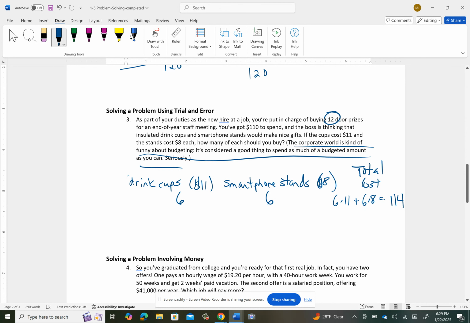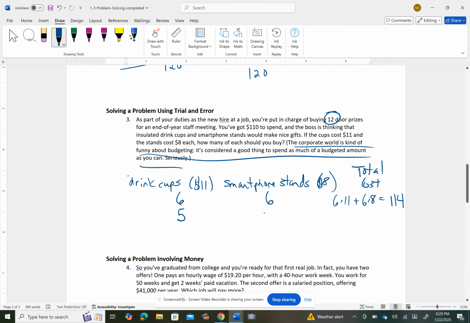But I only have $110, so I know I need to do less than that, but as close to the 110 as I can. So something less than that, but it's only $4 away. So maybe let me try 1 less drink cup.